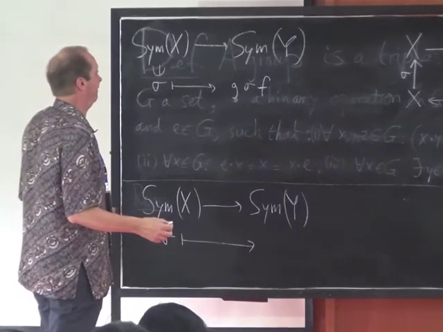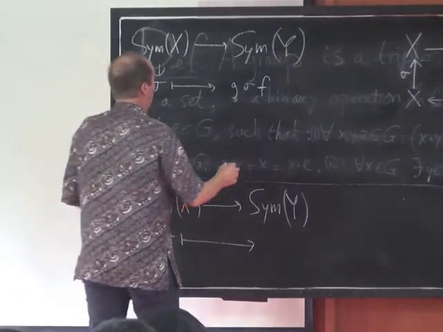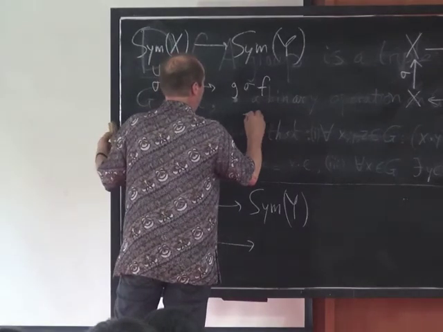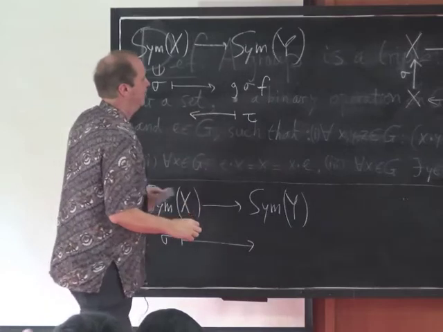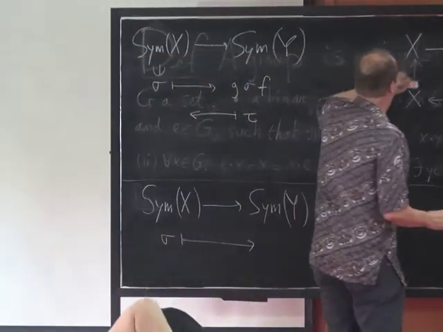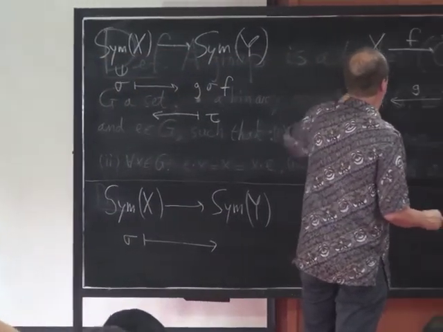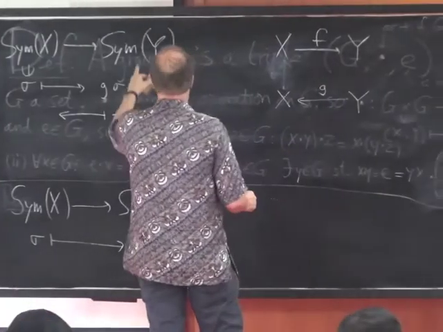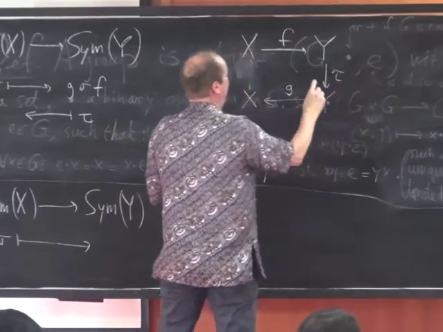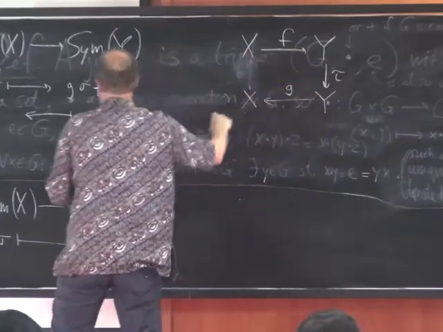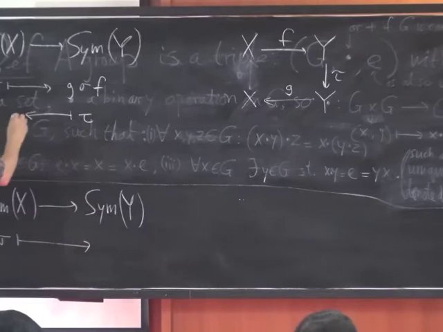And if I have, say, an element tau here, we like Greek letters for some reason, then I can also change this diagram a little bit. Suppose I have a tau from y to y, and I will put it in the diagram like this, and I can do f, then tau, then g.